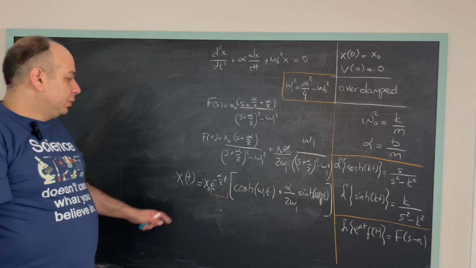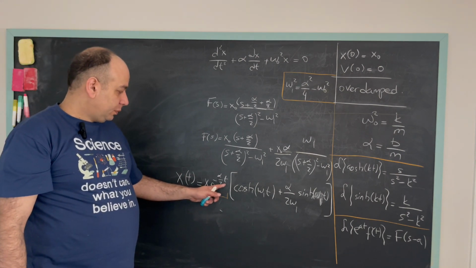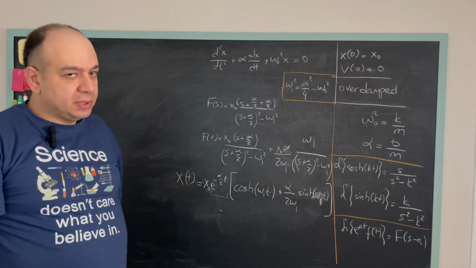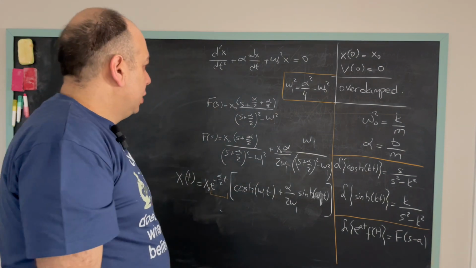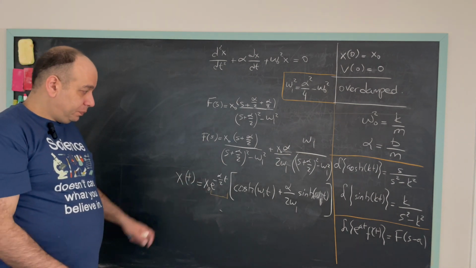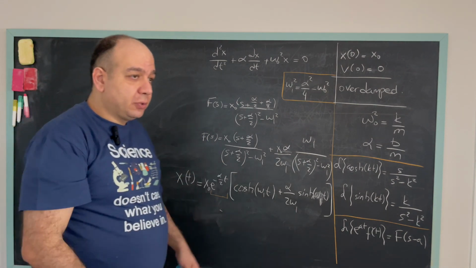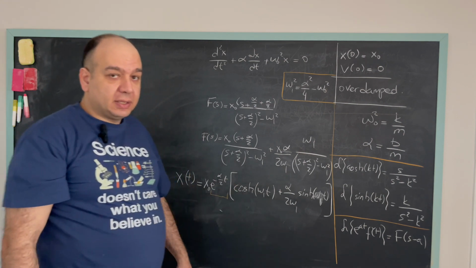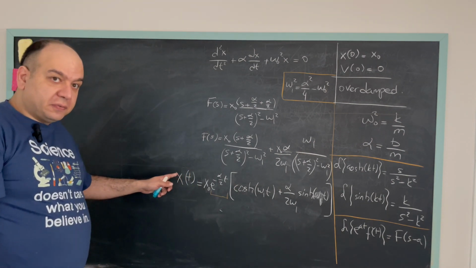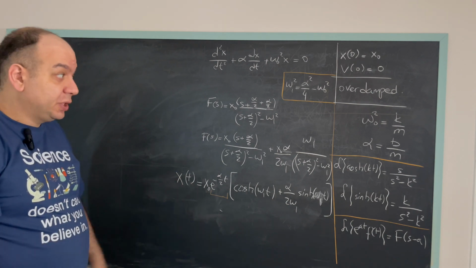So when you look at the limit, when t goes to infinity, you will see that this term goes to 0. Okay? So if you wait long enough, you will see that the system tends to go back to the equilibrium, and then in the end it's going to stop. You can also take the first derivative of this and see how the velocity changes.